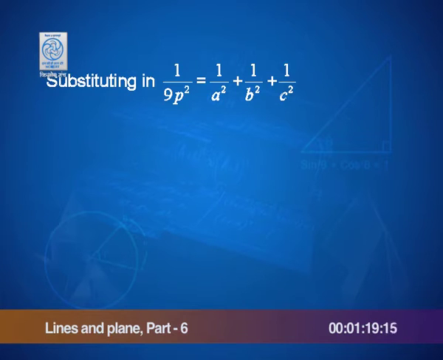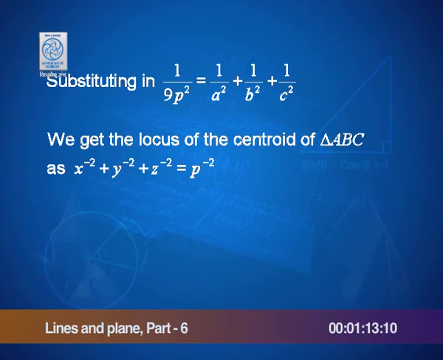If you replace a, b and c with 3x, 3y and 3z respectively, you get the required condition, that is the locus of the centroid as x to the power minus 2 plus y to the power minus 2 plus z to the power minus 2 equal to p to the power minus 2.